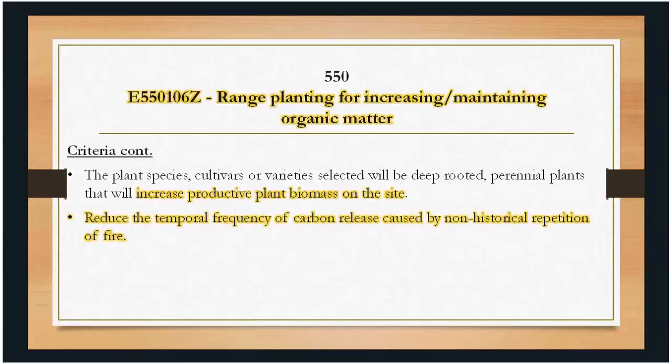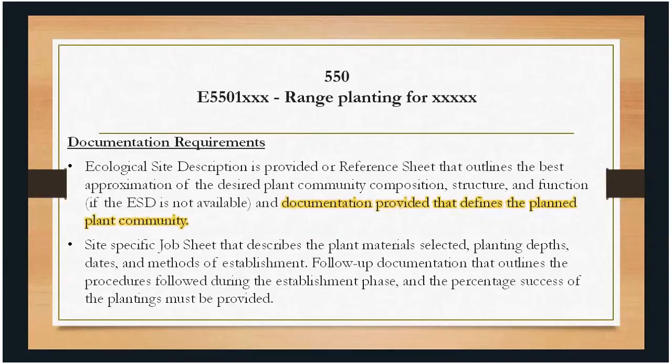It says reduce the temporal frequency of carbon release caused by non-historical repetition of fire. Does that mean if it burns too often, then too much carbon releases? Yeah, you're getting too much carbon release. So whatever we plant should reduce the fire interval. Yeah, that's what I would say. Okay, that's what that means.